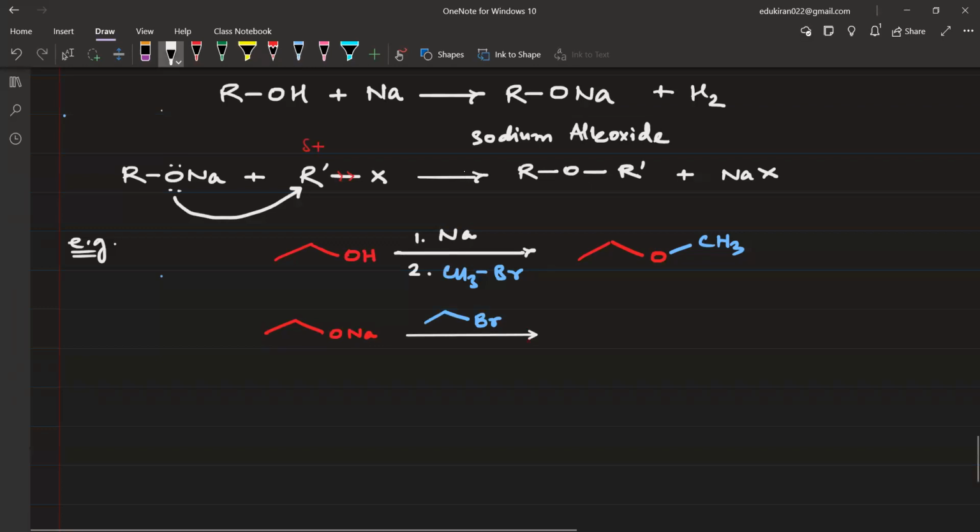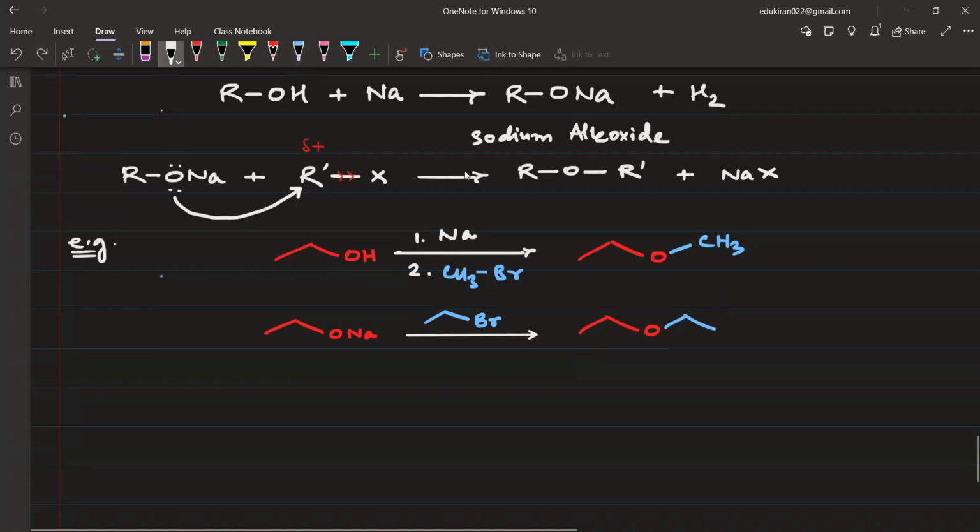Here you can see that till the oxygen atom it will be the same, two carbon atoms, oxygen. And then the alkyl group of the haloalkane is two carbon atoms once again. So this fragment is coming from the sodium alkoxide, and this fragment is coming from the haloalkane.